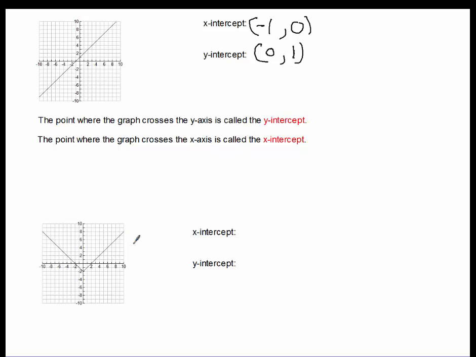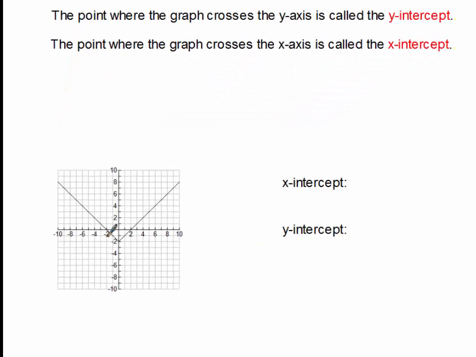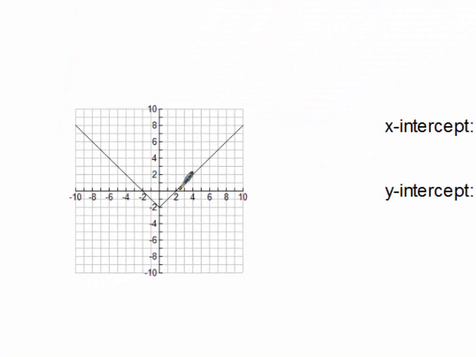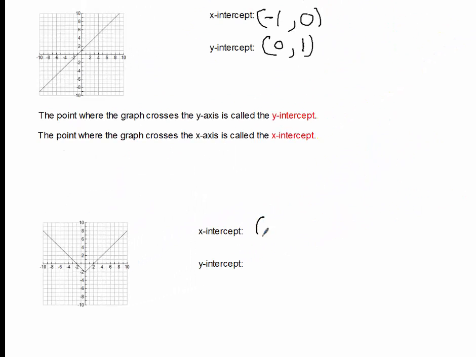If we look at this example down here, notice that this graph crosses the x-axis twice, so we would have two x-intercepts. The x-intercept on the left crosses at negative 2, 0. And the other x-intercept is at 2, 0.